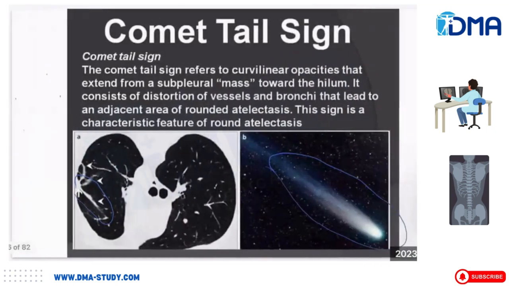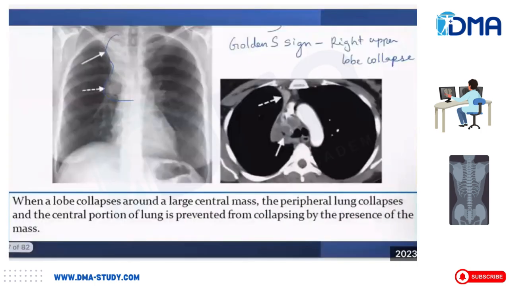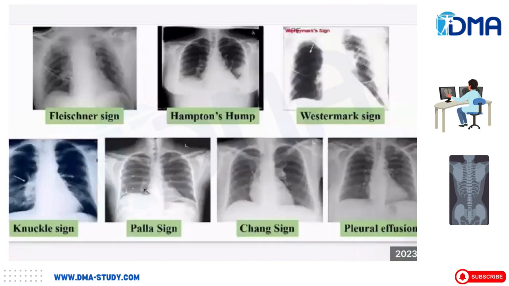Then these are the other possible signs that can be seen in a pulmonary thromboembolism: Fleischner's sign, Hampton's hump sign, look at this knuckle sign, Hallas sign and Chang sign. You might not be able to easily identify all the signs, and hence at least just remember the signs alone.